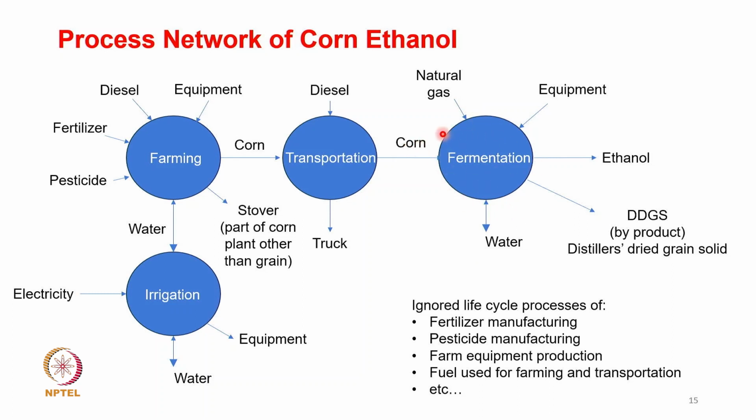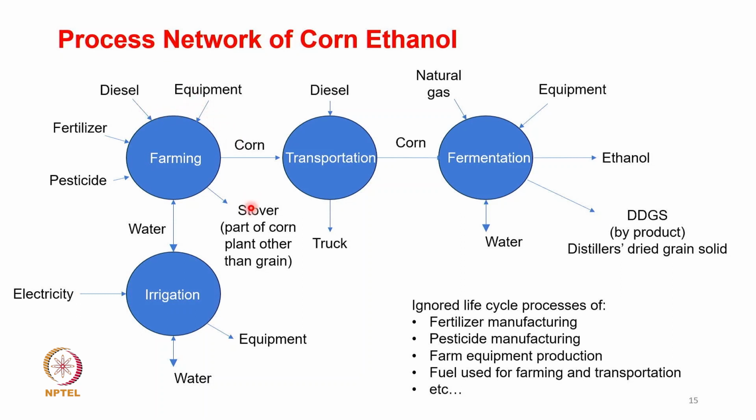But the corn has to be transported to the point of fermentation by some mechanism, wherein you use some fuel and a device for mobility. And for the transportation, you need to get the corn from the farm. For farming, you use many things: pesticide, fertilizer, and farm machinery that requires diesel.